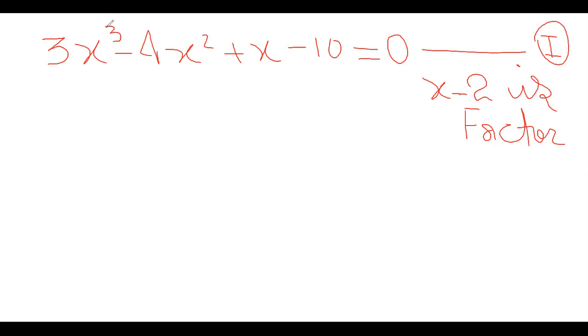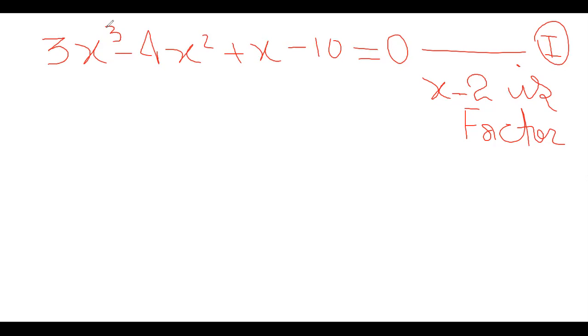The equation having degree 3 is called a cubic equation. So how many roots must it have? 3. Absolutely right. Now, x minus 2 is a factor of this. So what do you mean by factor?